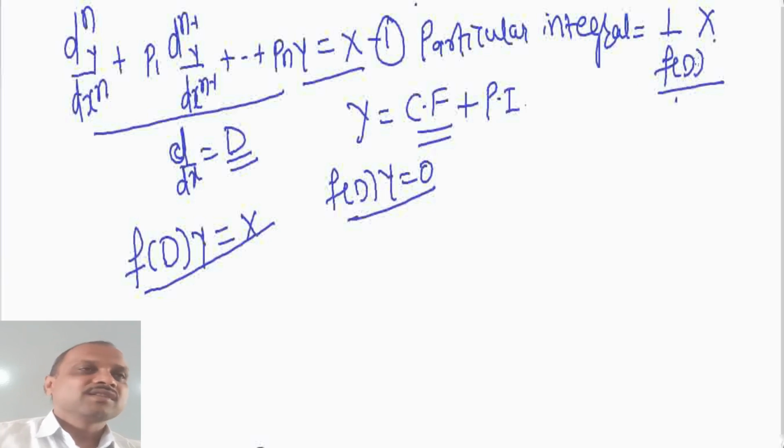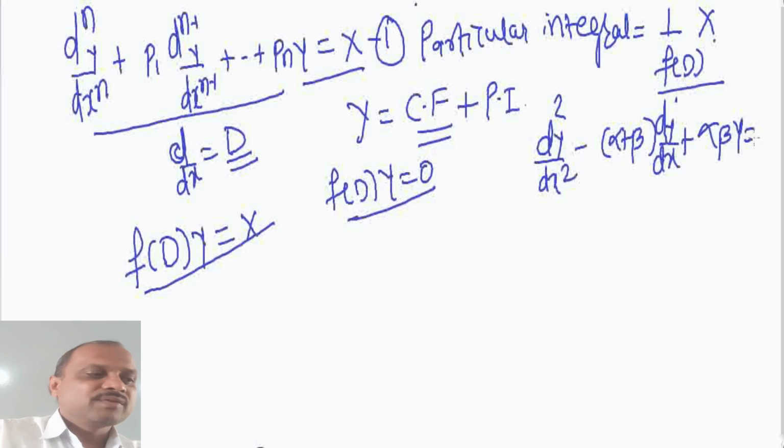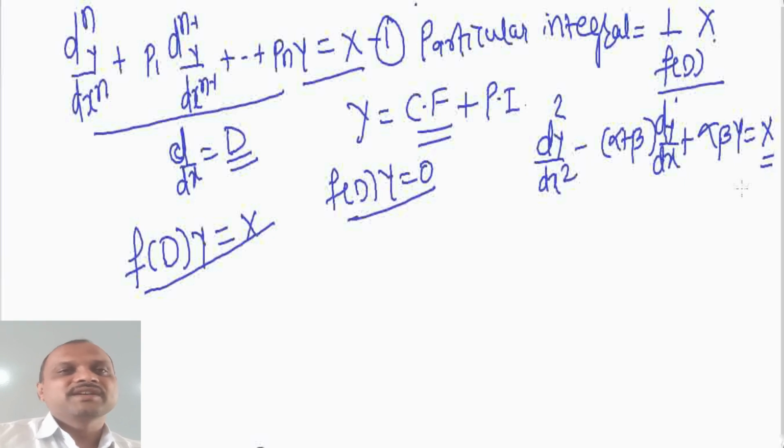Now, we have just seen the equation d2y by dx square minus (alpha plus beta) into dy by dx plus alpha beta y equal to 0. So let us consider the same equation with the right hand side x.